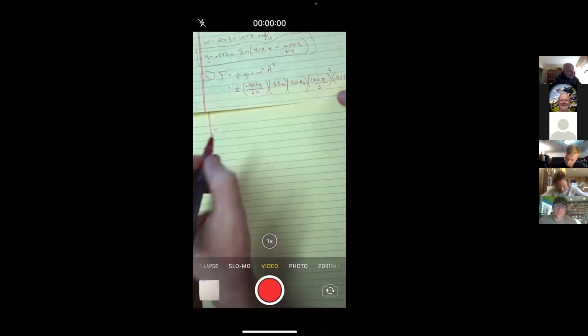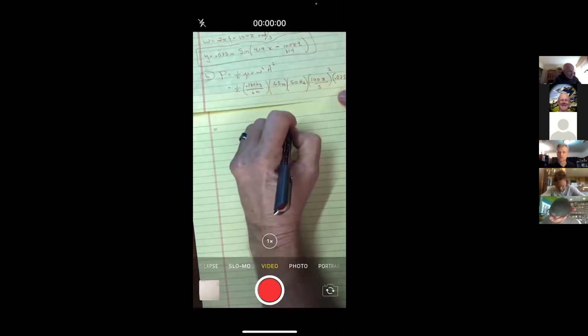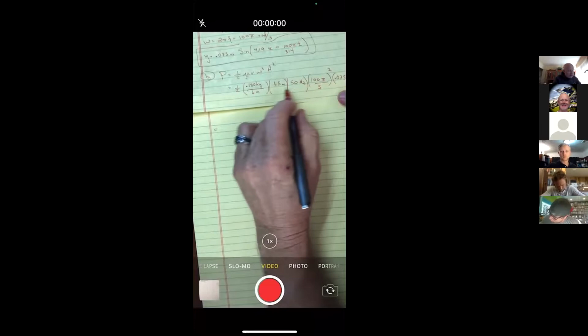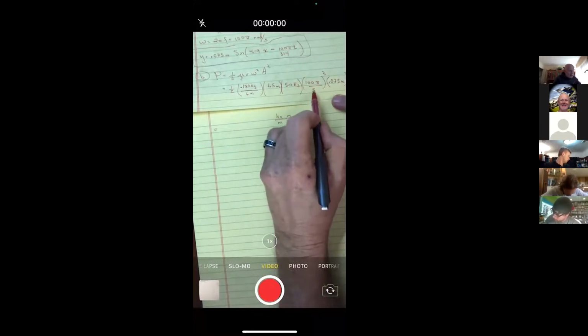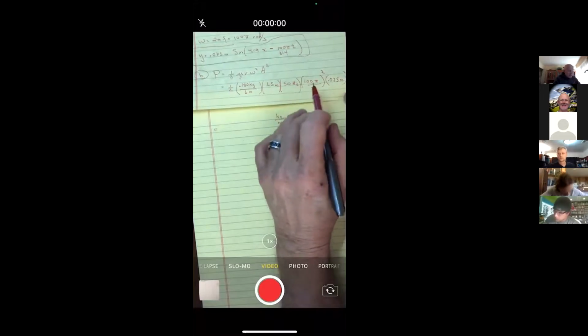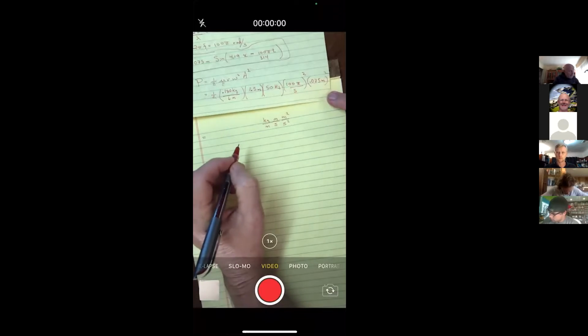Let's see. This might take a couple of steps. It looks like here I got kilogram per meter. Right here I got meter per second. Right here I got seconds squared. And right here I got meters squared.